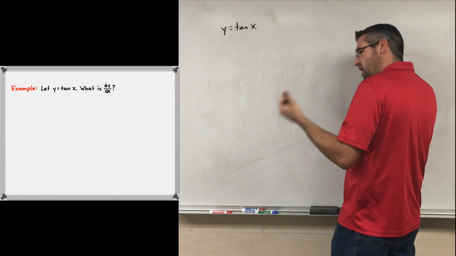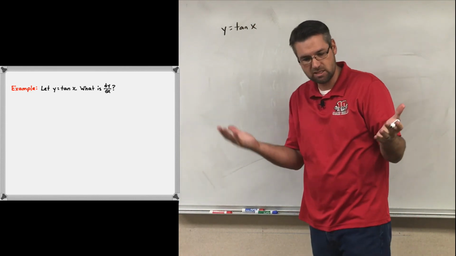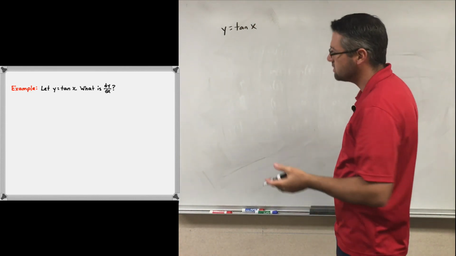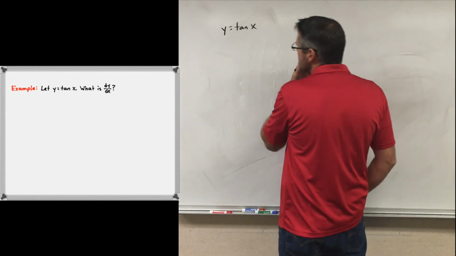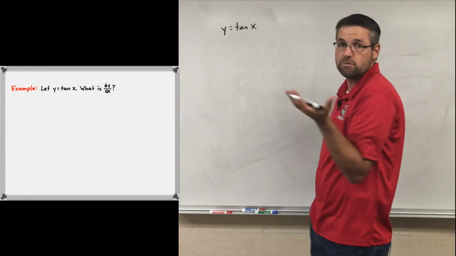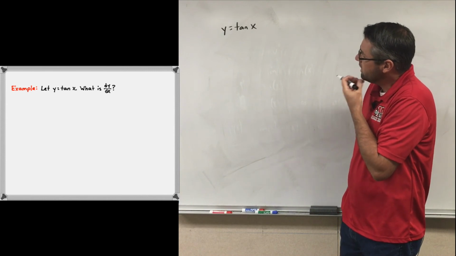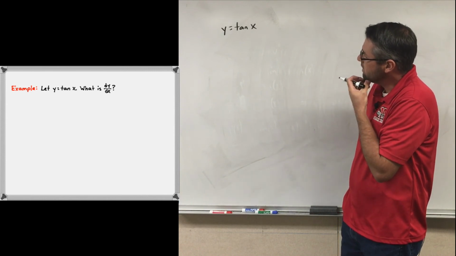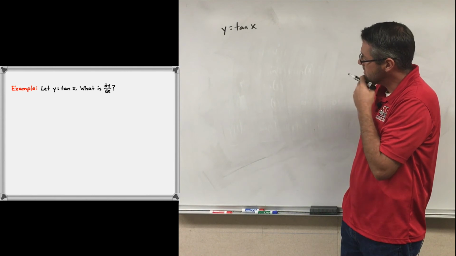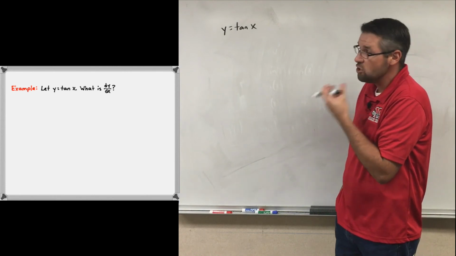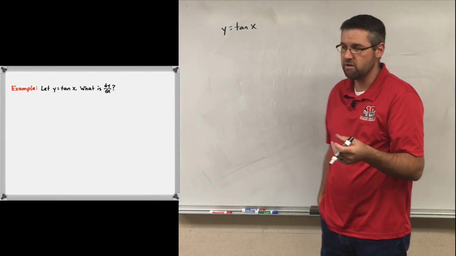Well, we know the derivative of sine, we know the derivative of cosine, so it just makes sense that we're going to be looking at the derivative of tangent next. So what is the derivative of this thing? I don't know. So I can't just take the derivative because I don't know it. How could I rewrite this into a form that I know something about the derivative?